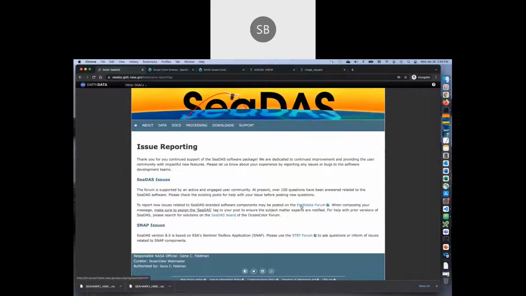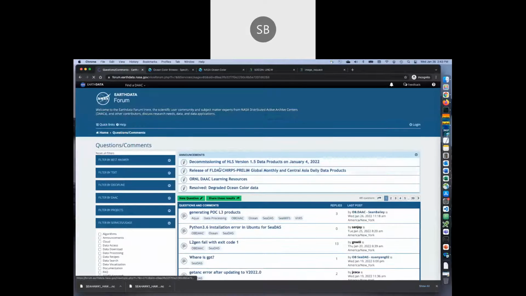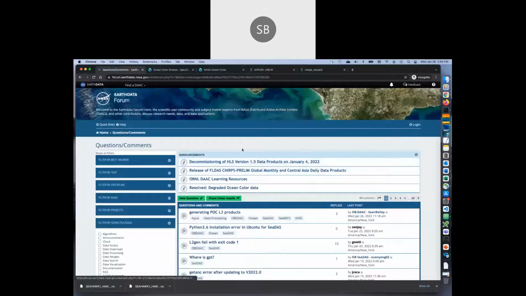If you click on this, you're brought to the Earth Data Forum. This forum uses the same login credentials that you would need in order to download data from us. So if you've already logged in to collect or download data, you already have the ability to post on this forum to ask any questions of our staff. And I believe that ends my demonstration.